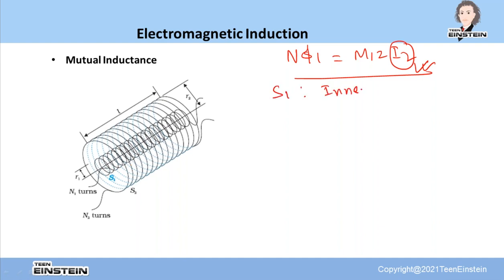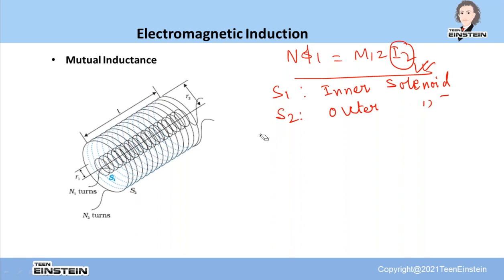S2 is the outer solenoid. Suppose the inner solenoid has N1 number of turns.